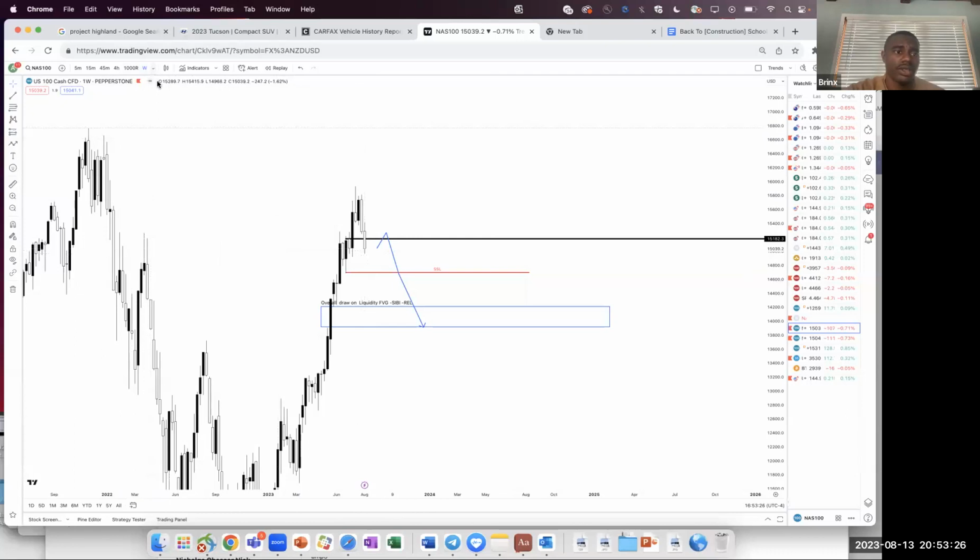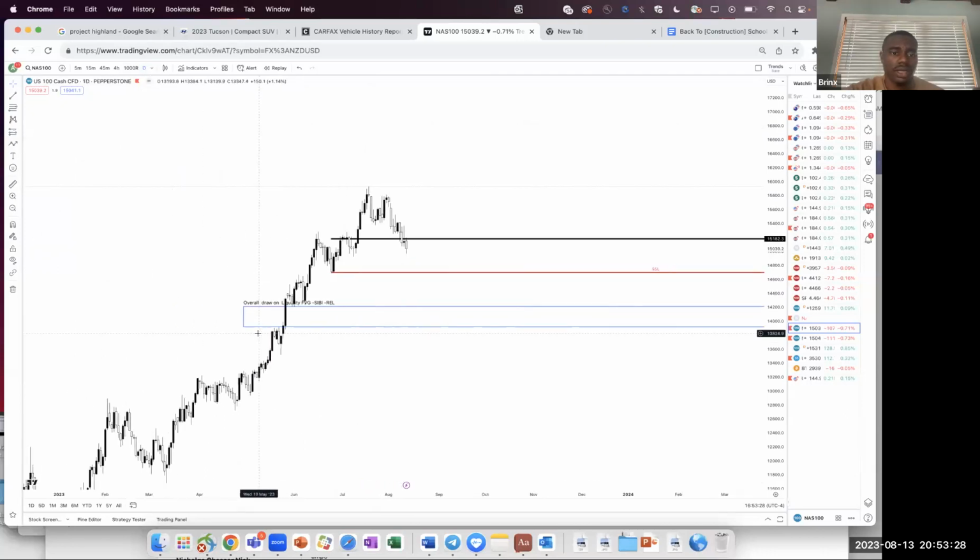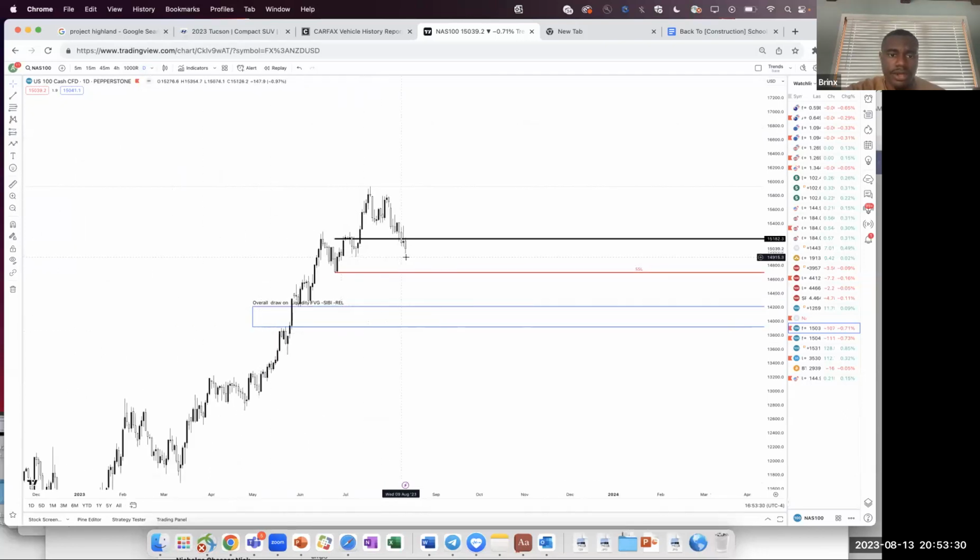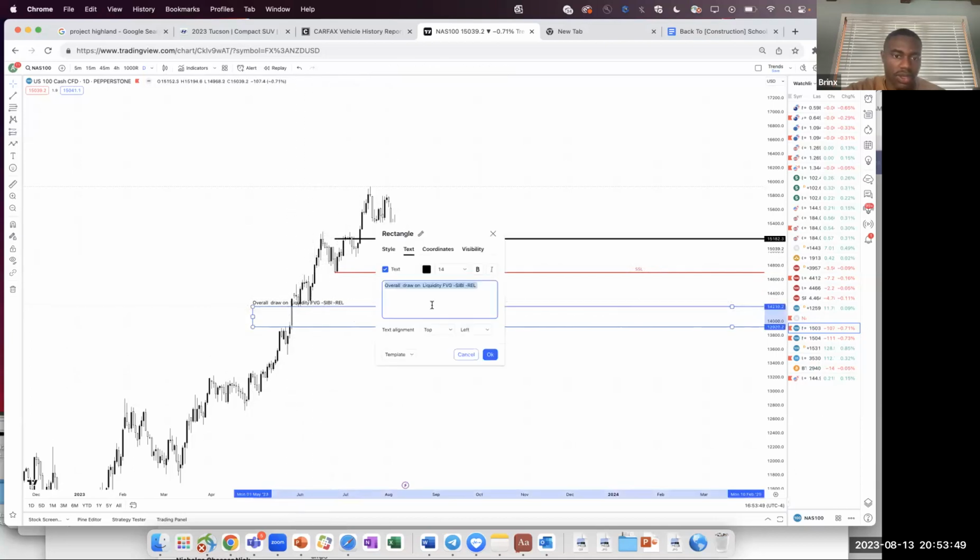So if I break this down to the daily time frame, again, you're starting to see this low. This is going to be the nearest draw on liquidity. There's also a very small inverted fair value gap here, which is where price rejected, filling that imbalance. Still the same, a huge relative equal lows. You still see them on the daily time frame.